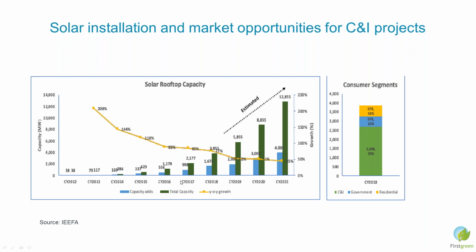Every year we are adding new capacities and our ticket size is increasing. If we want to achieve our target of 40 gigawatt by 2022, we should have capacity installation of at least 10 to 15 gigawatt every year. That looks very difficult unless favorable government support is available.